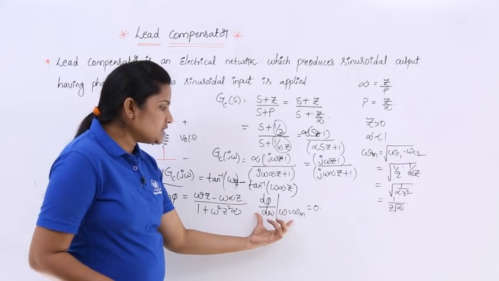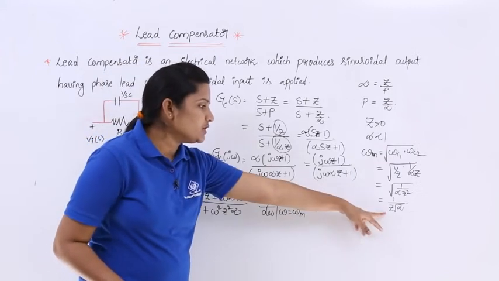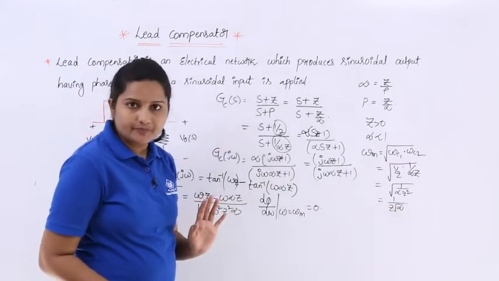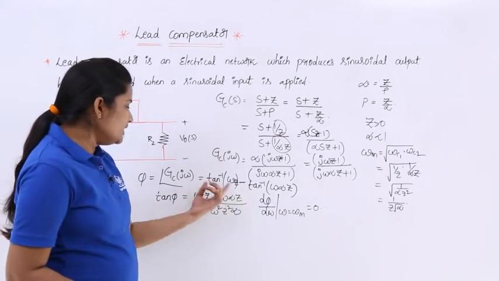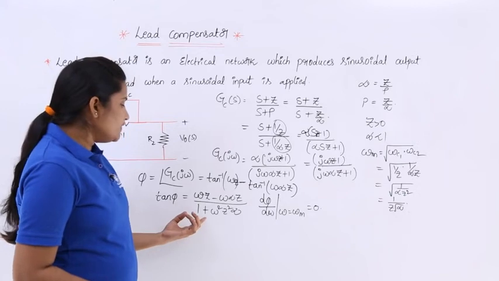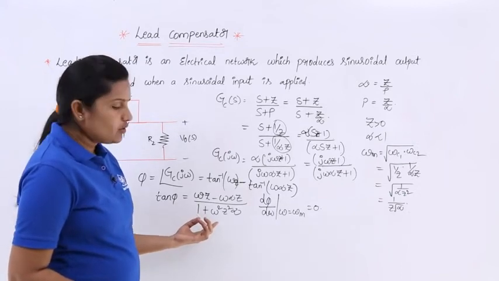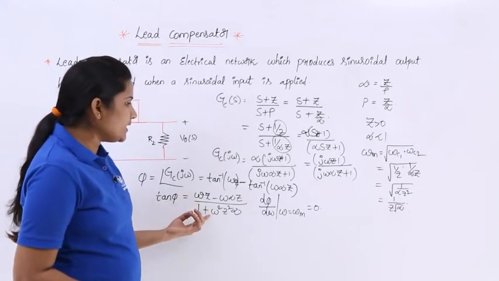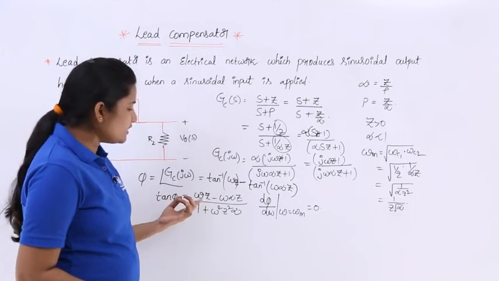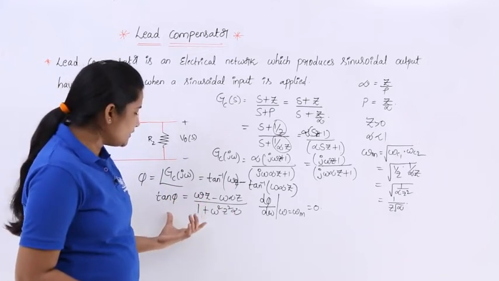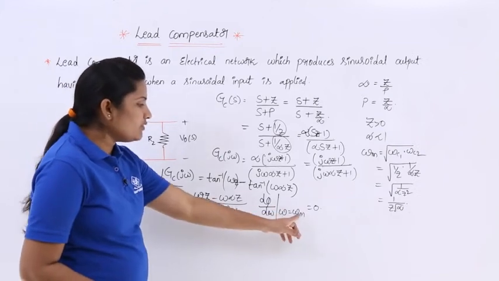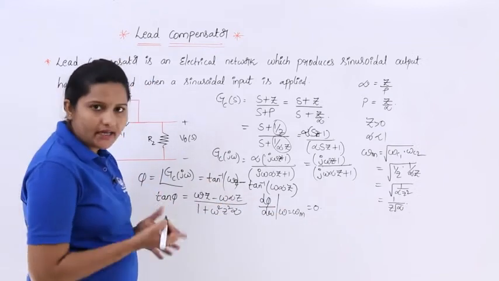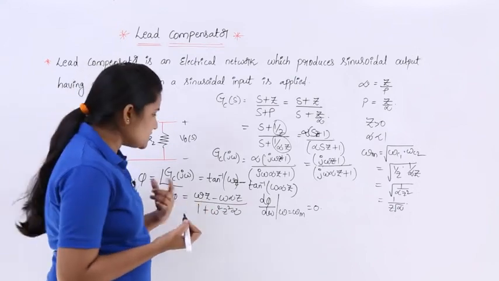Now, in this condition, you need to substitute this 1 by z root alpha. That means, here this is tan phi. So in this condition, if you substitute omega equivalent to omega m, that means 1 by z root alpha, then how you will get, you see. When you are substituting omega equivalent to omega m in this, how you are getting, you can see.